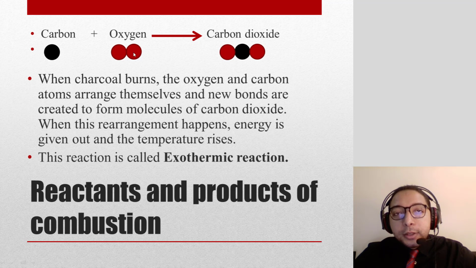A rearrangement has happened, and then after the rearrangement a bond has taken place. This bond attaches the three atoms together to build one unit. New bonds are created to form molecules of carbon dioxide. When this rearrangement happens, energy is given out and the temperature rises.